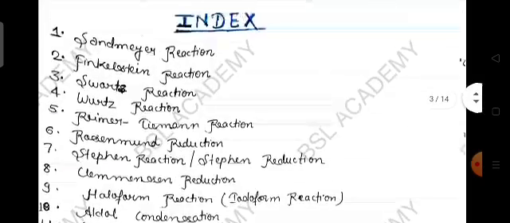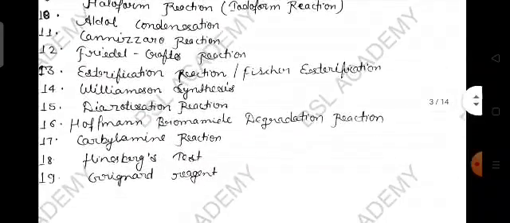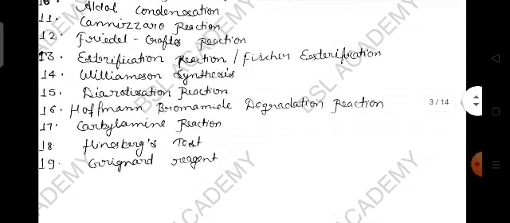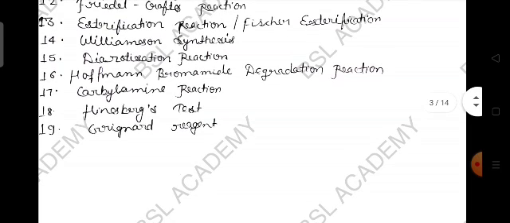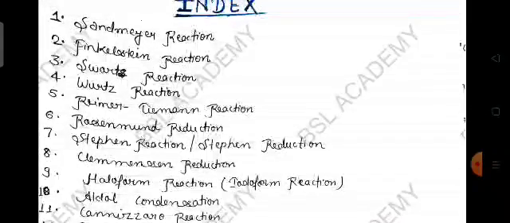And these are also very important: Sandmeyer, Finkelstein, Wurtz, diazotization, Hofmann bromamide degradation, carbylamine reaction, Hinsberg test, and Grignard reagent. So let's start. Today we will discuss these reactions one by one.